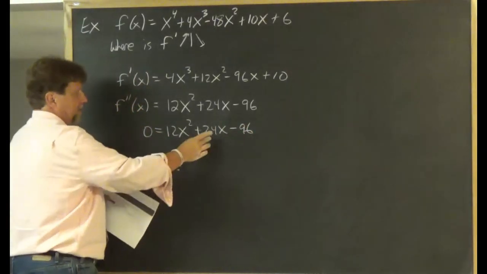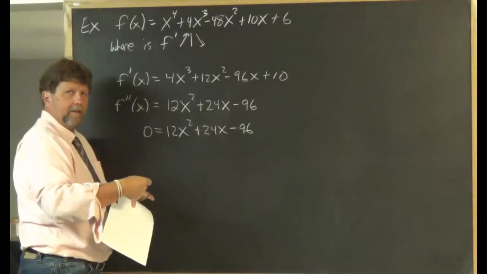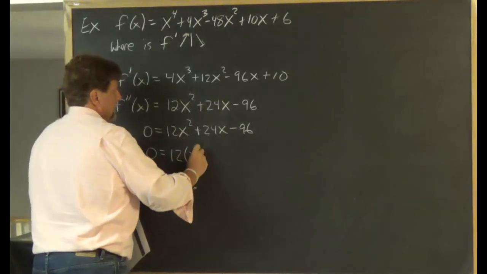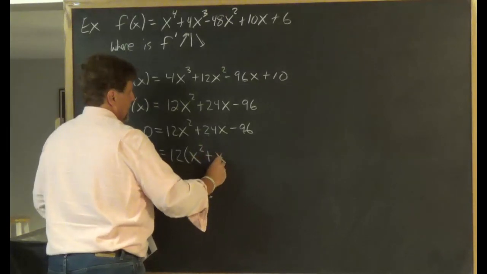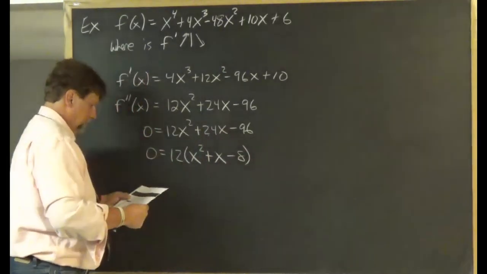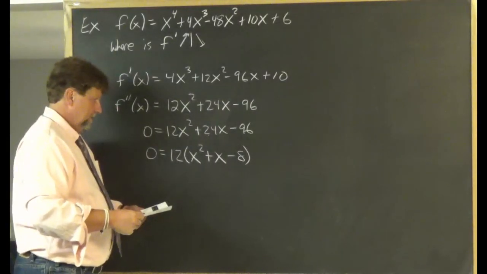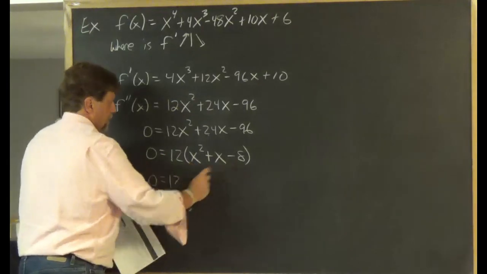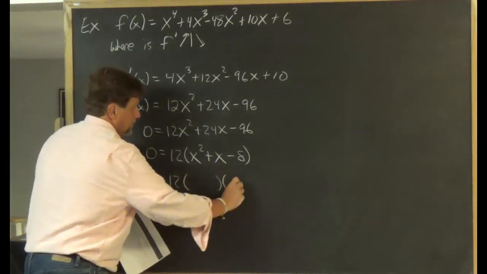In trying to factor this, the first thing I would do is take out the common factor of 12. That leaves me with x squared plus x minus 8. And let's see, hopefully this trinomial factors.